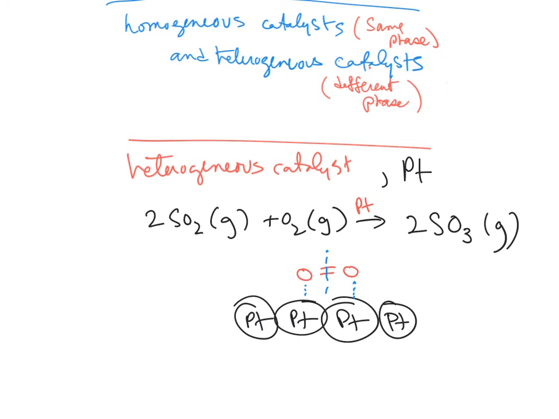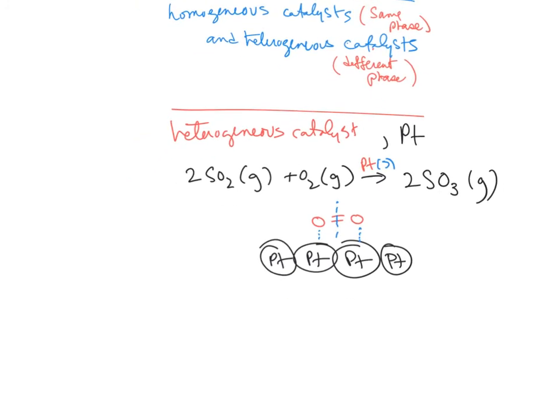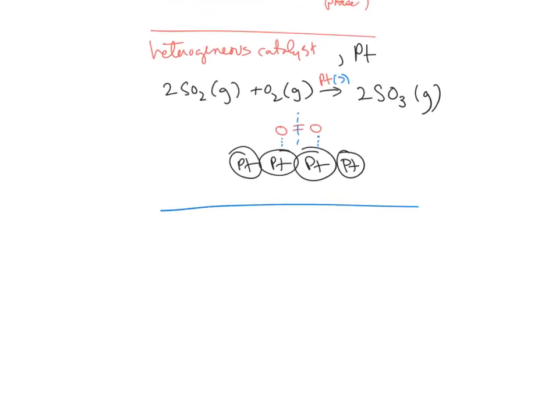So it's heterogeneous because platinum is a solid and the rest of the system is gas phase, so it's a different phase.